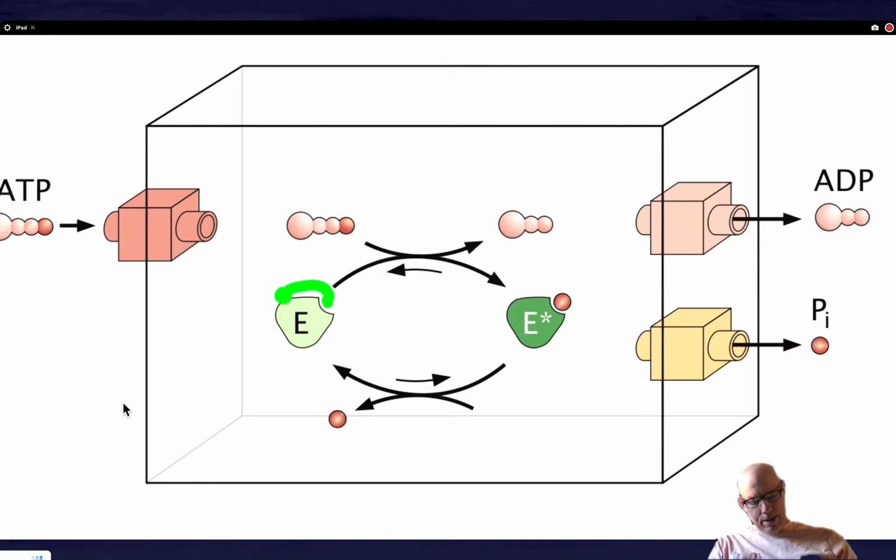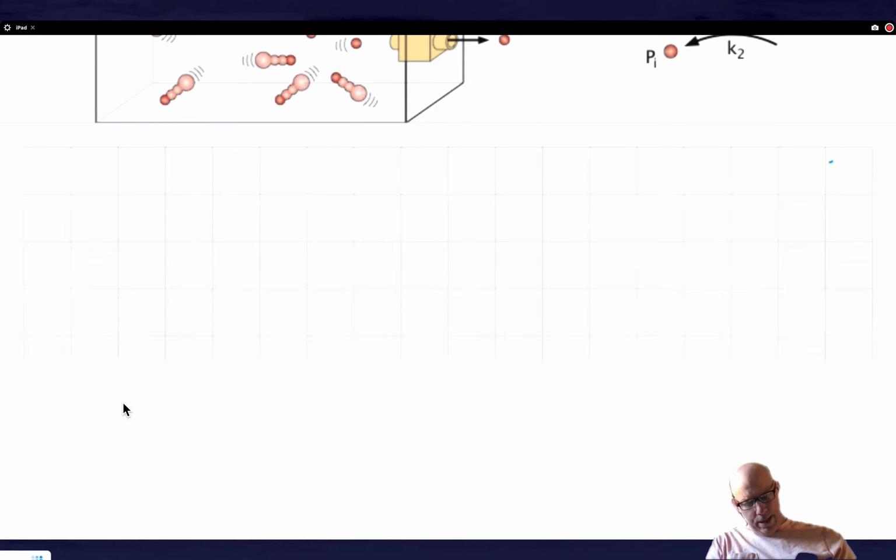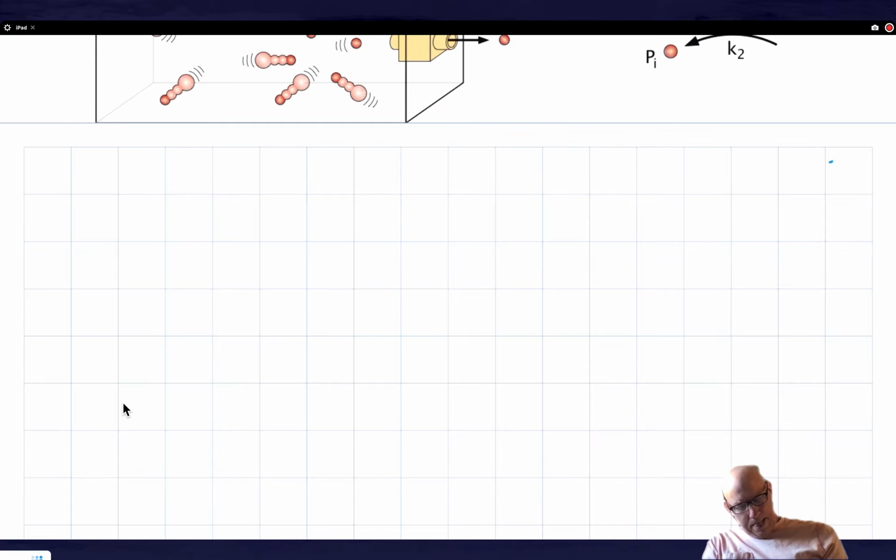I have an enzyme E, and it can be phosphorylated to achieve the state E star, where you see the phosphate is attached here. And there's a forward reaction, which I will write down as E plus ATP goes to E star plus ADP, and the rate constants here are K1 and K minus 1.